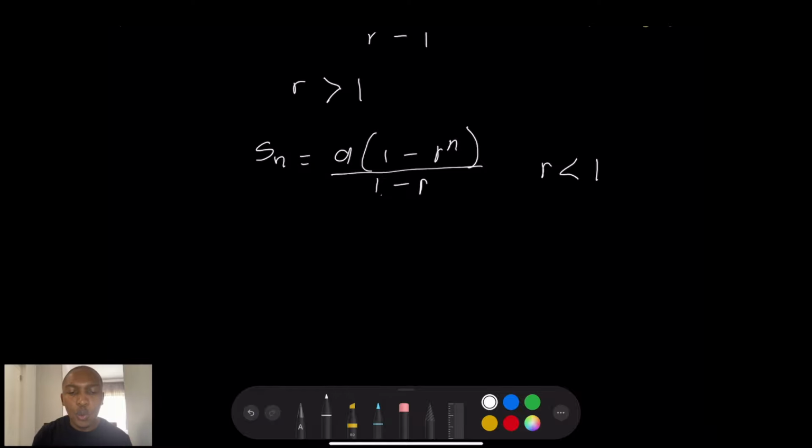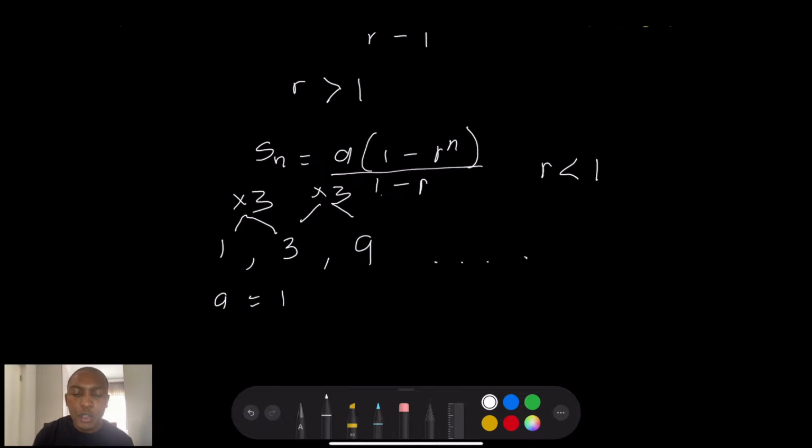Let's say we've got a progression 1, 3, 9, and so on. We know the value of A is 1. For us to move to the next term, what did we do? We multiplied by 3. So our common ratio r is equal to 3.